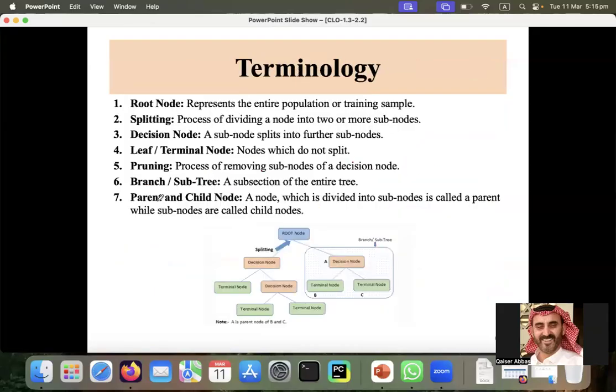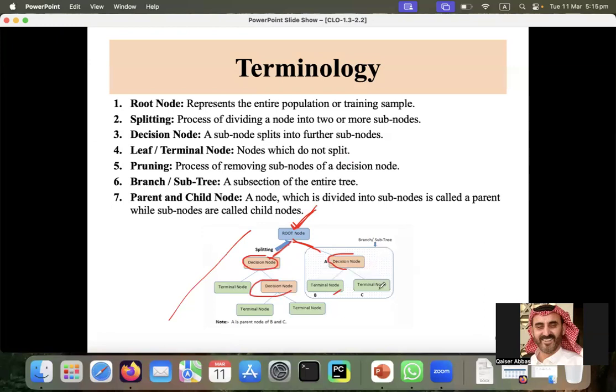Okay, moving next. What are the terms for the trees? We already know. This is called the root node. And here, this root node is split. We normally keep our data set up to this root node, and then we split that data set into further branches. These orange nodes are called decision nodes, where you are making a decision.